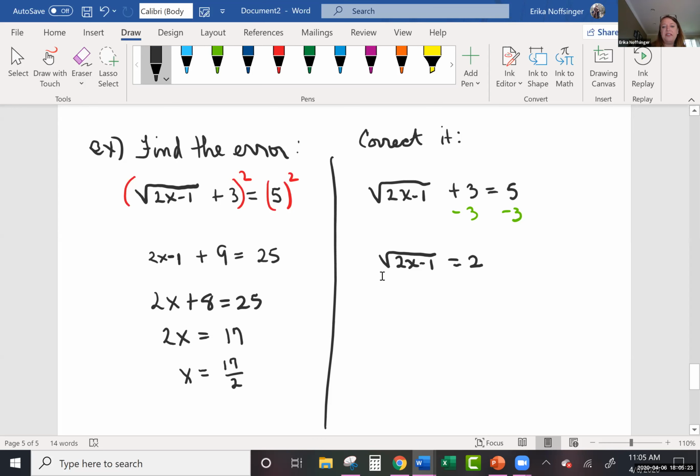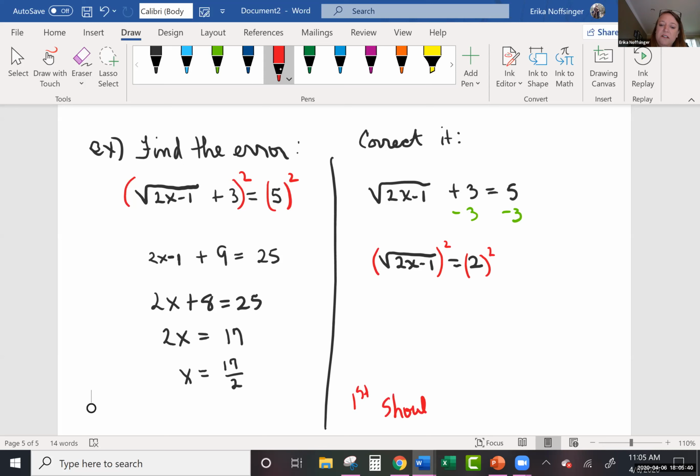Okay, so now that the radical is isolated, now we can square both sides of the equation. So first thing they did wrong, they should have isolated the radical first.